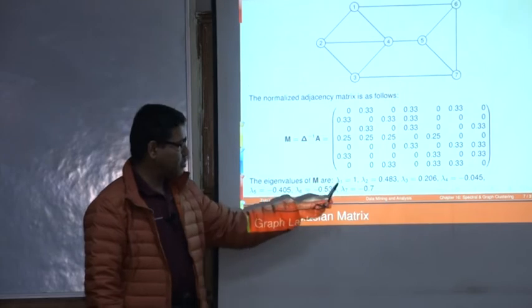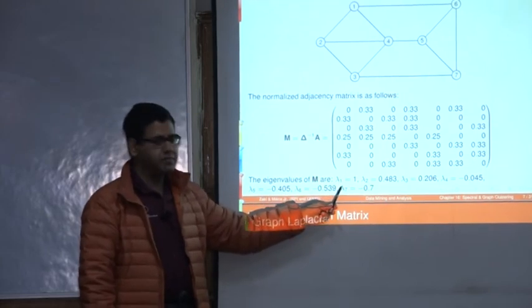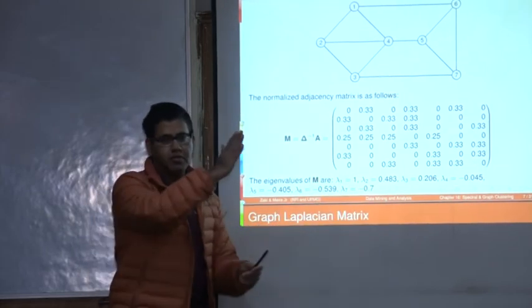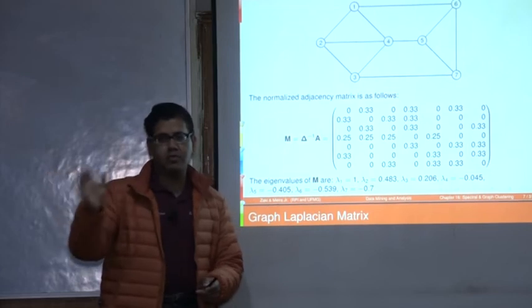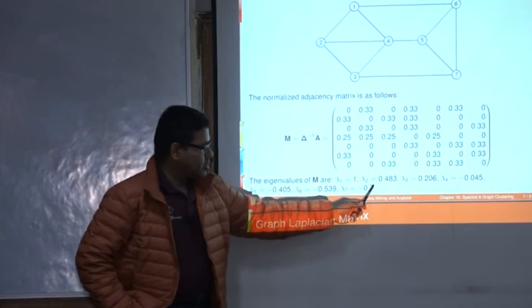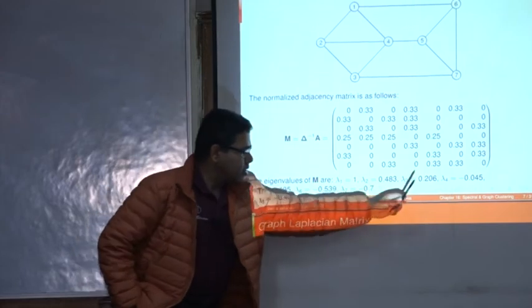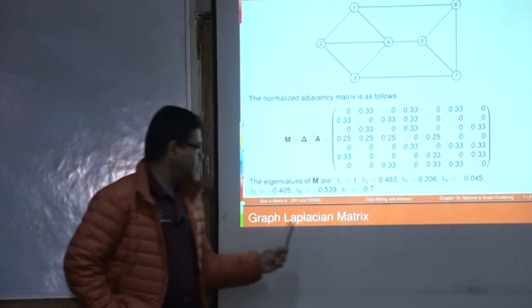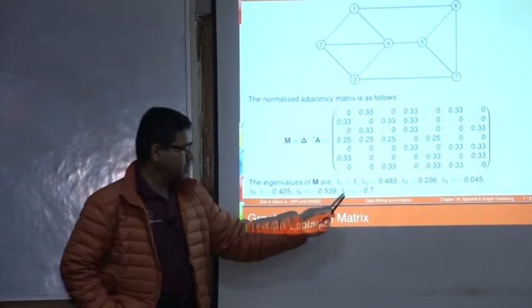Lambda 1 is the largest eigenvalue, which is 1. Lambda 2 is next; remember we always sort the eigenvalues from larger to smaller. So this is lambda 2, lambda 3, lambda 4 is negative, lambda 5, lambda 6, lambda 7.